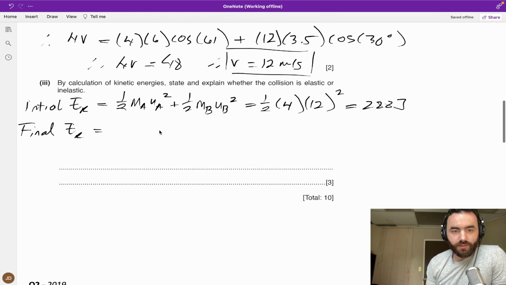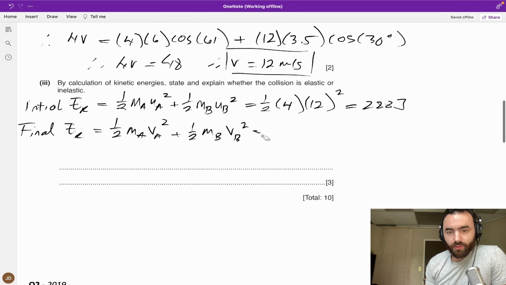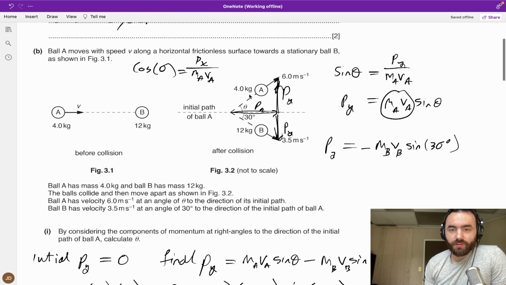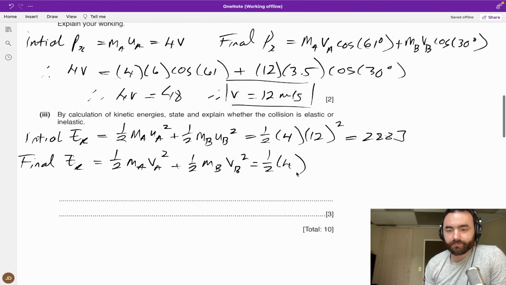EK is going to be a half mass of A times the final velocity of A squared, plus a half mass of B times the final velocity of B squared. Well, those things are just going to be half 4 times 6 squared plus a half 12 times 3.5 squared.